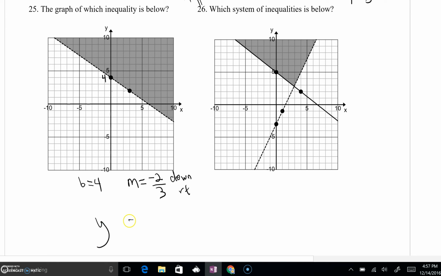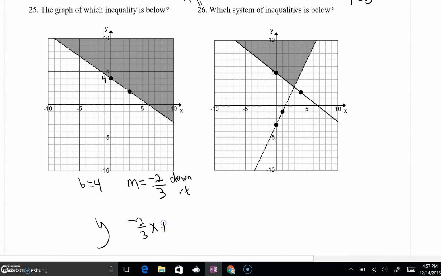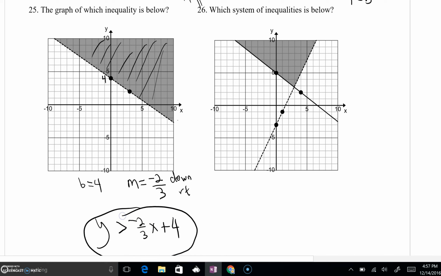So we're going to have negative 2/3 x plus 4. However, the big question is, with the shading being above, we're going to have a greater than symbol. Don't put a bar underneath because you can see we have a dashed line. And this would be the final answer.